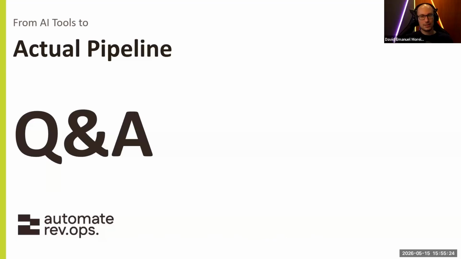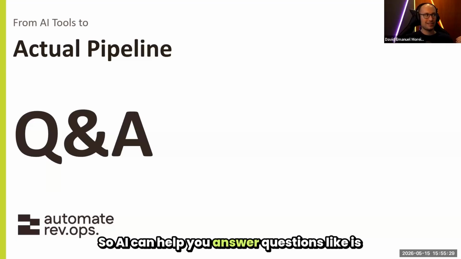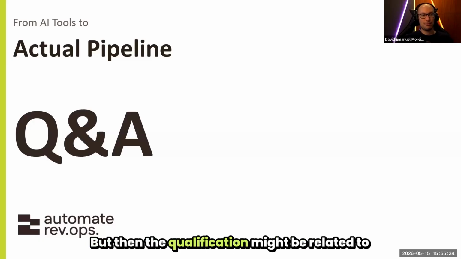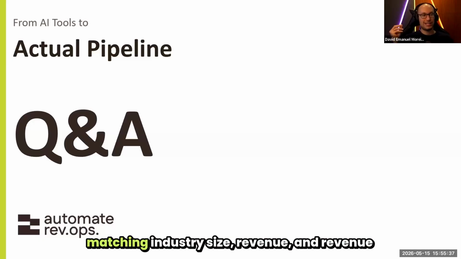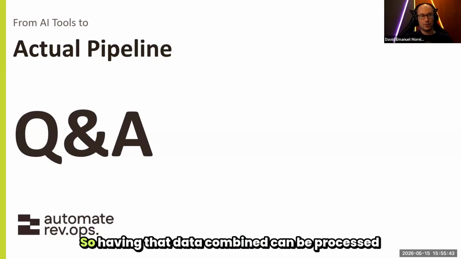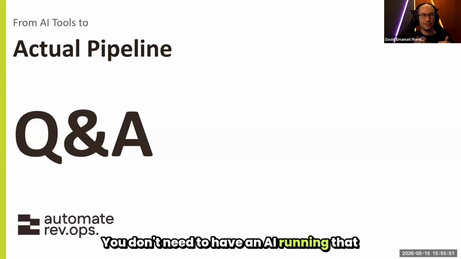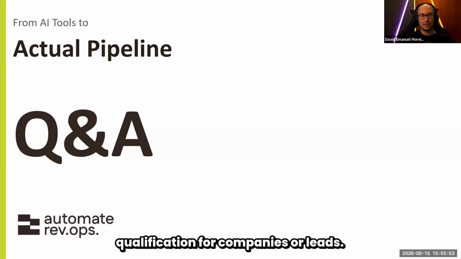Yeah. So AI can help you answer questions like, is this company B2B or B2C? But then the qualification might be related to matching industry, size, revenue, and revenue model. So having that data combined can be processed through an automation easily. You don't need to have an AI running that qualification for companies or leads.